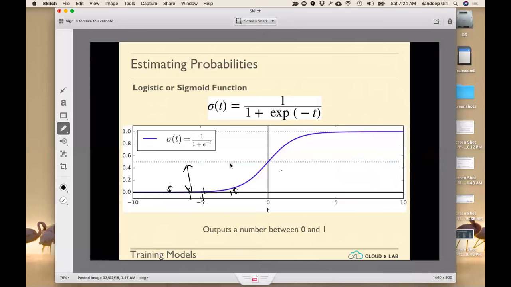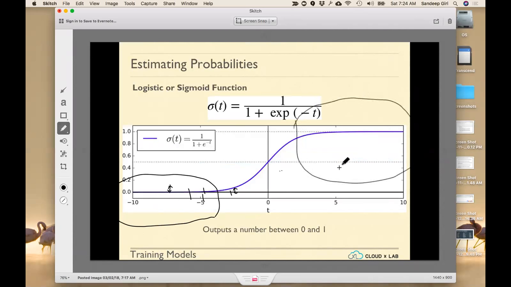Therefore, for functions like sigmoid, when the value of t is lower, it's very clear that it must be 0. If the value of t is higher, the answer is 1.